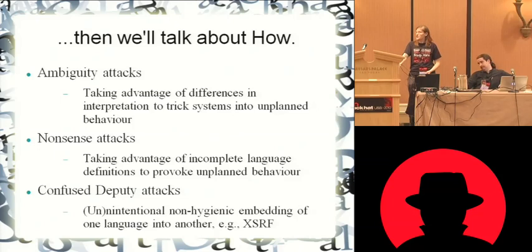Yeah, fuzzing generally tends to be nonsense attacks, and even smart fuzzing also takes advantage of ambiguity and confused deputy as well. But yeah, the original definition of fuzzing, the dumb, let's just throw junk at this until it rolls over and gives up. That's a nonsense attack. And confused deputy attacks.